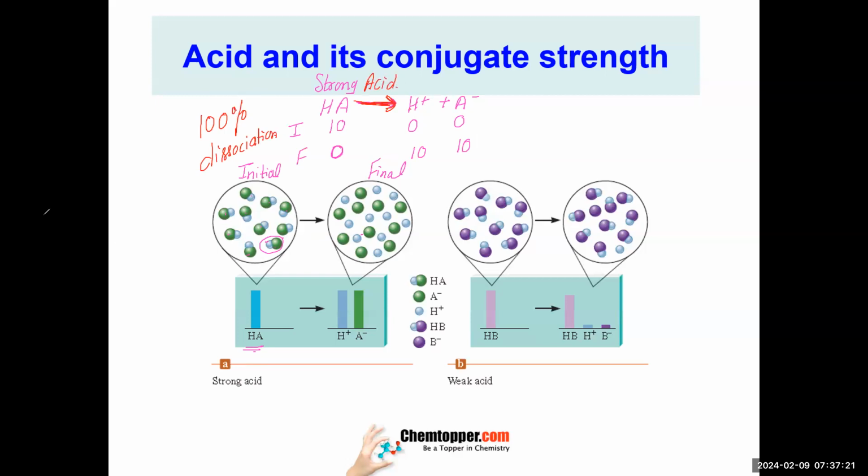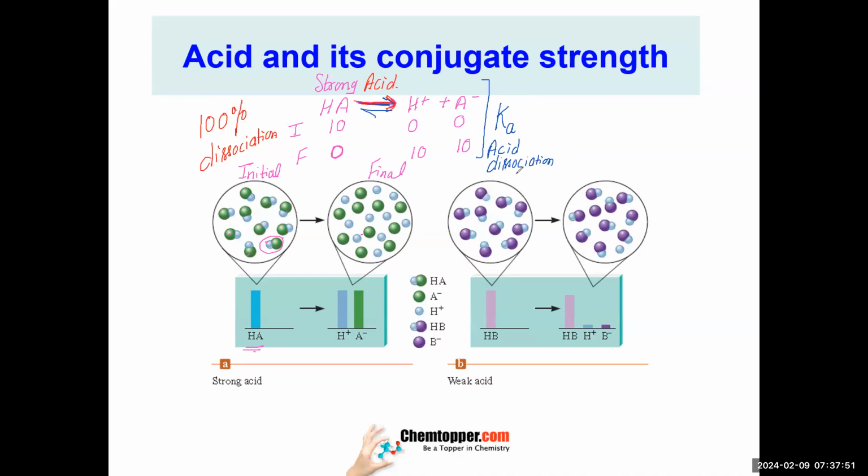If I ask you to write down the equilibrium constant, let's say there is an equilibrium, because every system is an equilibrium, whether it is strong or weak. But if I say, what's the equilibrium expression for this strong acid, which I'm going to call Ka. A means acid. It is the acid dissociation constant. Can you write down the expression, children?